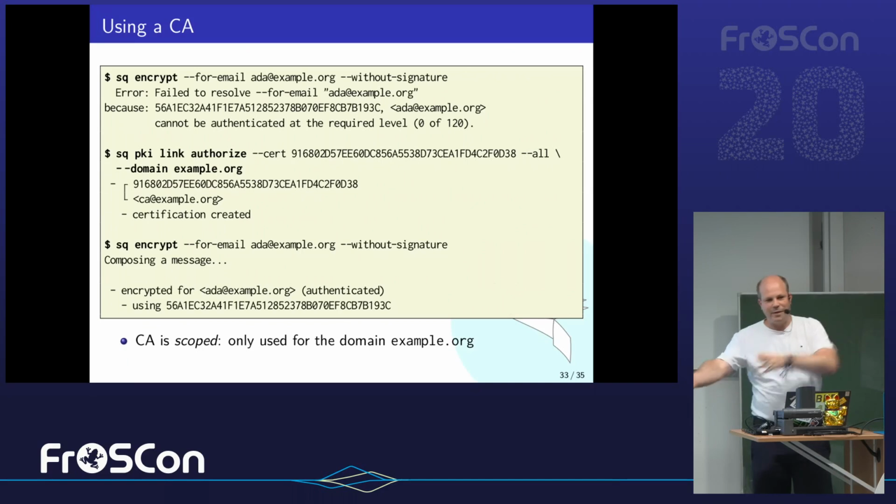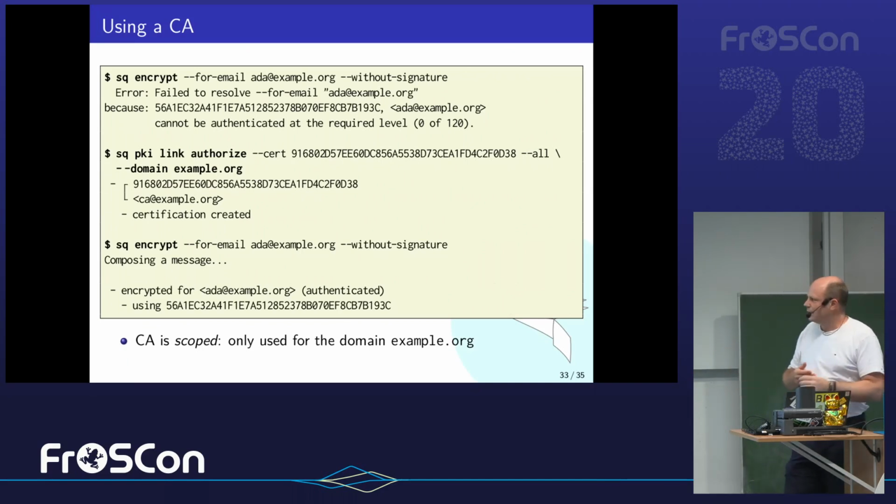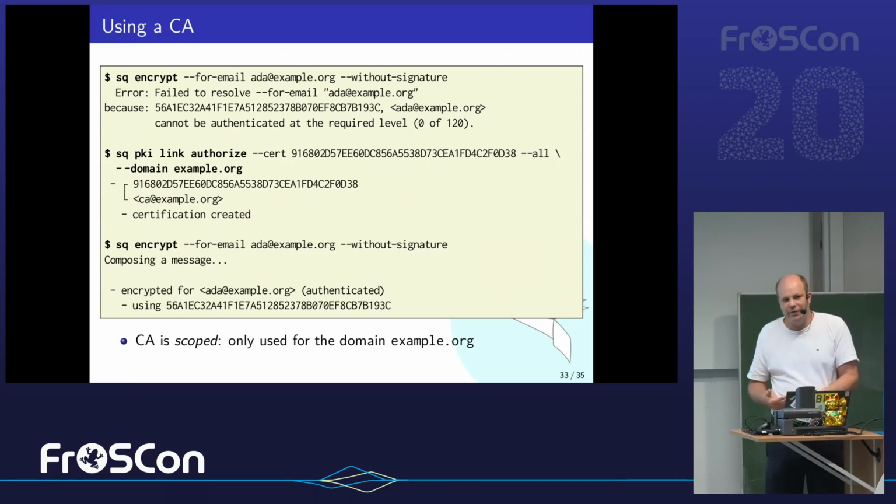Oh, that's interesting. That's my bank. Why are they saying that? They have no authority to do that. So this is a scoping operation that says this certificate I delegate to is a trusted introducer, but only for user IDs or email addresses in the example.org domain.